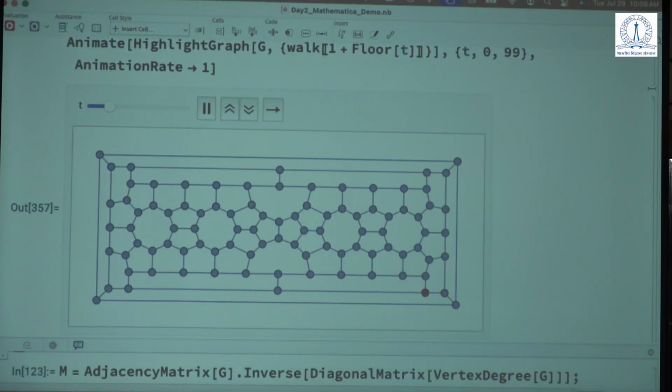It's doing the random walk. At every point, it should only move to a neighbor, and it's going to move with probability 1/3 to one of its neighbors. So that is the random walk. Everybody okay? This is just a walk.